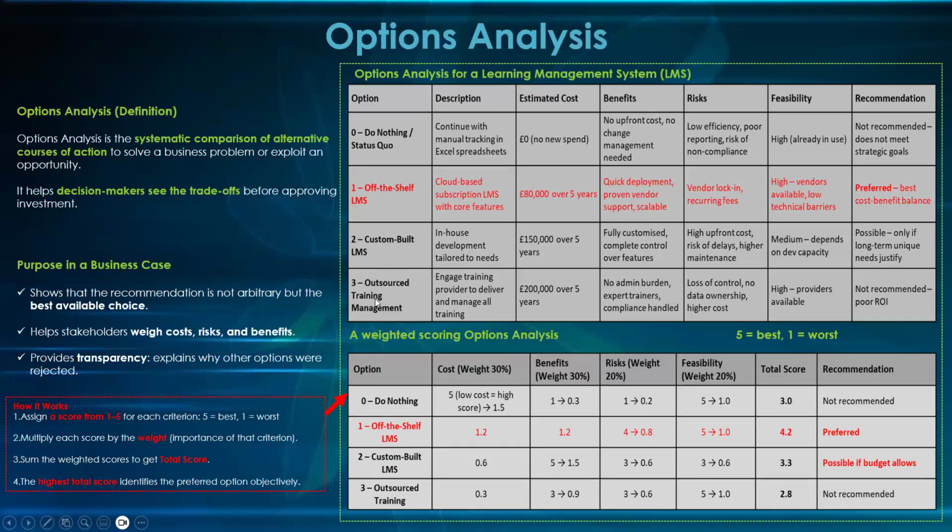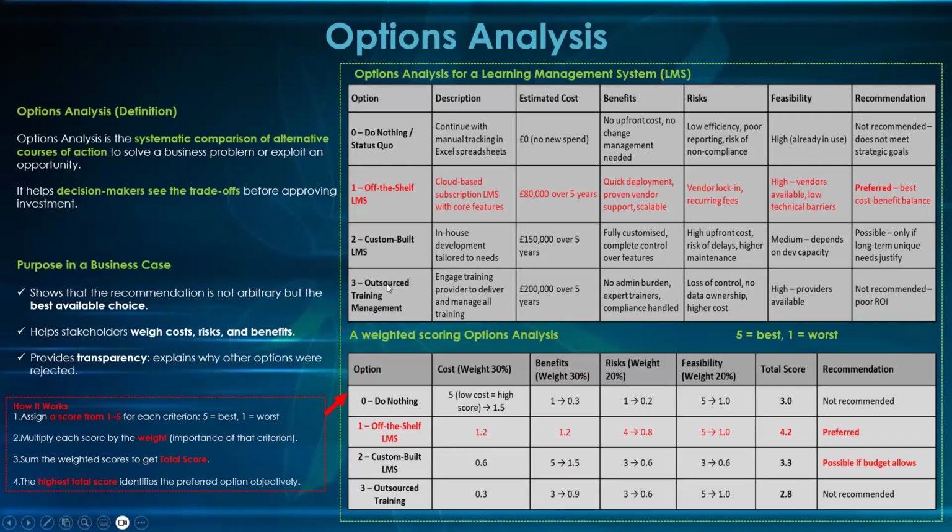Or we can outsource it to an organization whose core business is training. So if our core business is not training, we may decide to outsource it. So we have 4 options here. Option 0, option 1, 2, and 3.